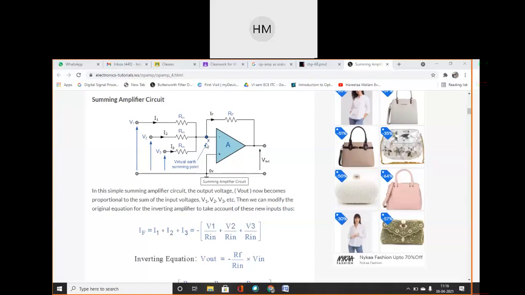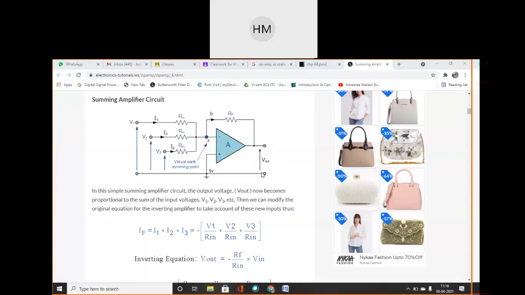So I can connect these input resistances with input voltage sources. It could be AC, it could be DC. So you can see V1 voltage, V2 voltage and V3 voltages are connected at three different terminals, connected at one point, which is going to the inverting terminal of your input. This is my V out.